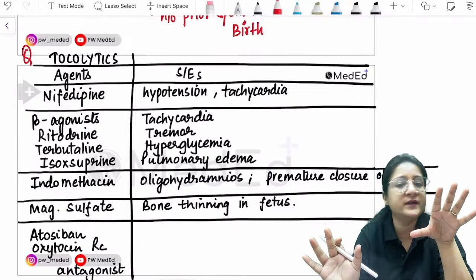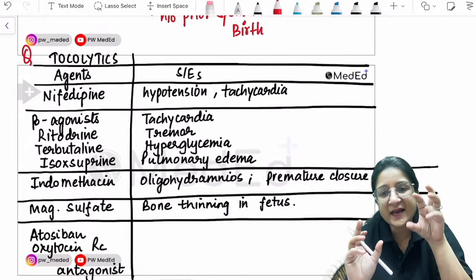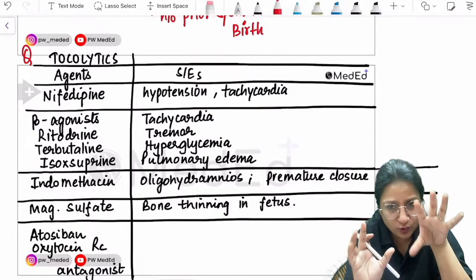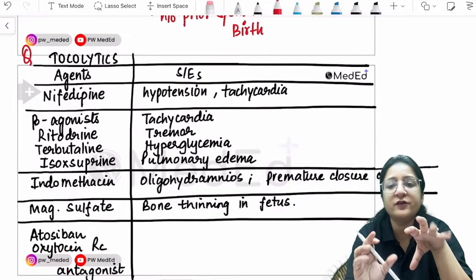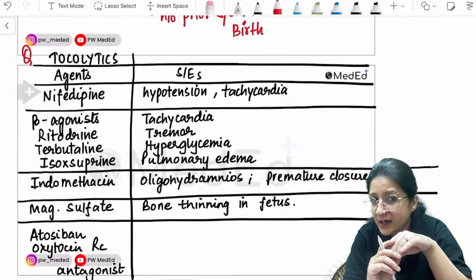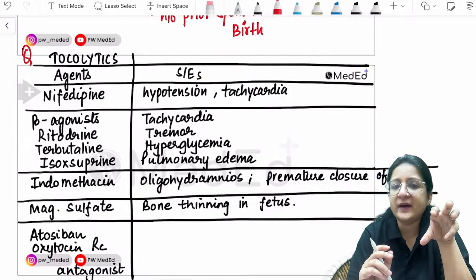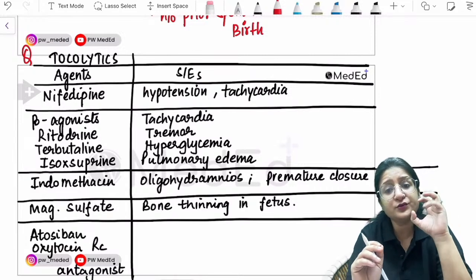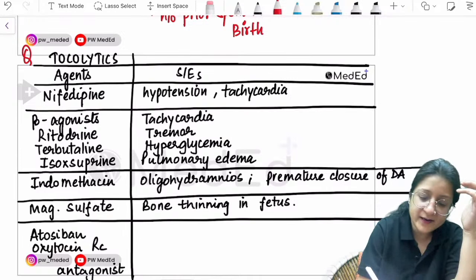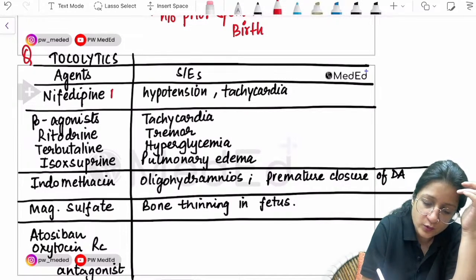All of these tocolytic agents have some side effect or the other. That is why we use tocolysis only for 48 hours, if at all we have to use it in a patient with preterm labor. Keep that in mind. That is why they ask you questions on the important side effects. If we have to choose, nifedipine is the one which we are using most commonly.